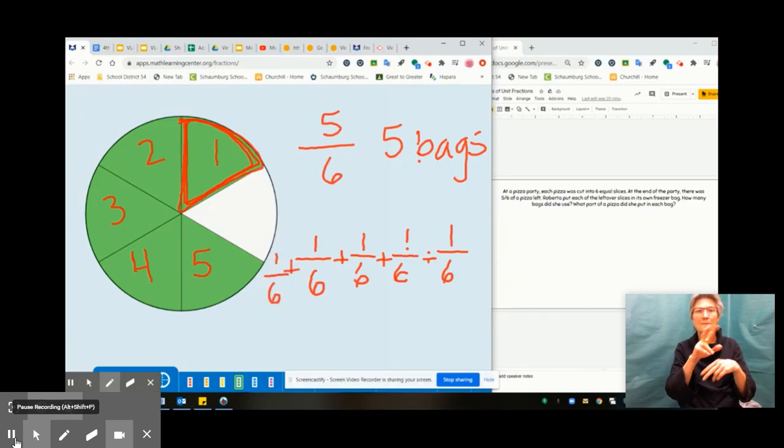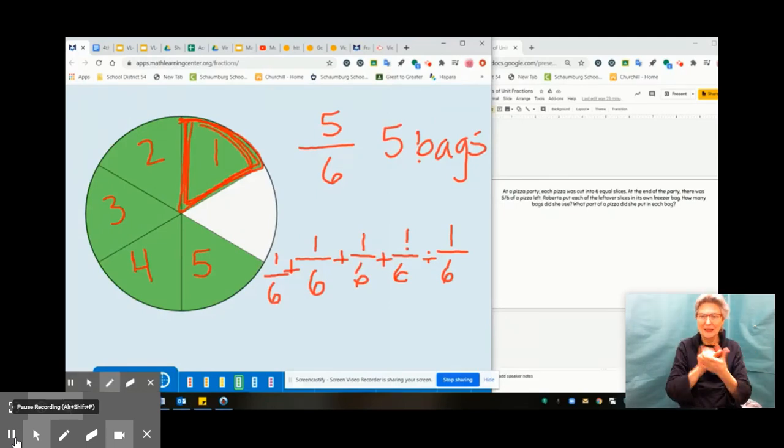So I have 1/6 plus 1/6 plus 1/6 plus 1/6 plus 1/6, right? For a total of 5/6. Now, each of these fractions, this 1/6, we call it a unit fraction because that represents 1 part of the whole, right? 1 slice out of the total of 6 slices. So that's my unit fraction.